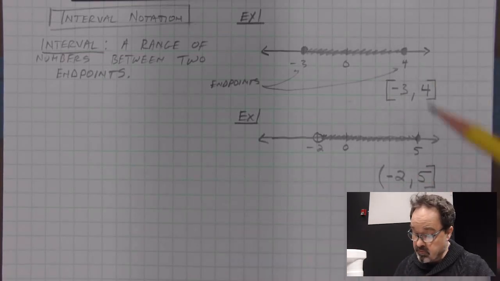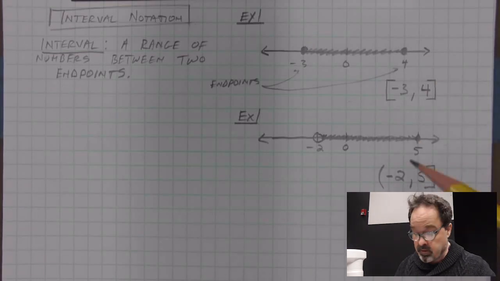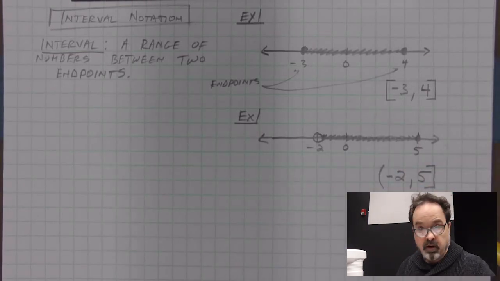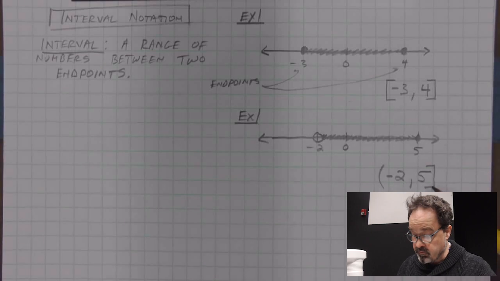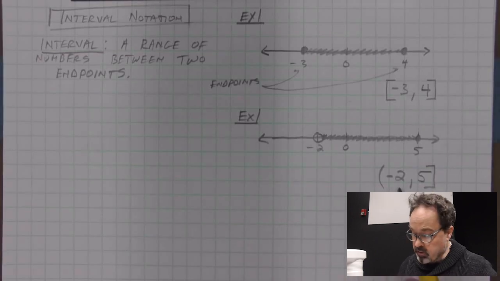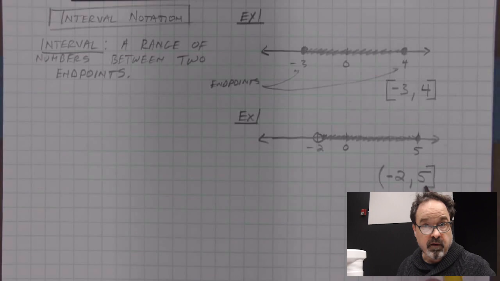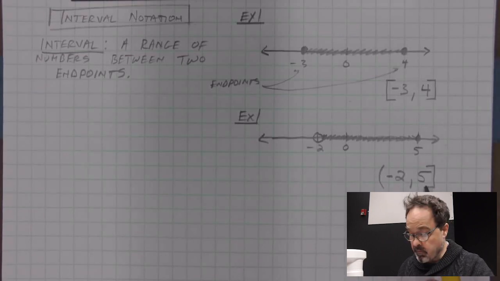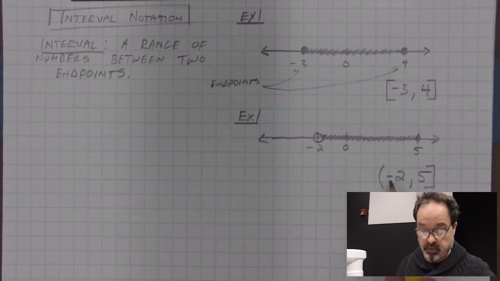So we can see the difference between these two intervals when we include an endpoint and when we do not, how the notation for it changes. This notation means the same thing as the graph. It's just a shorter way of writing the same concept. All of the numbers between -2 and 5, including 5, but not including -2.